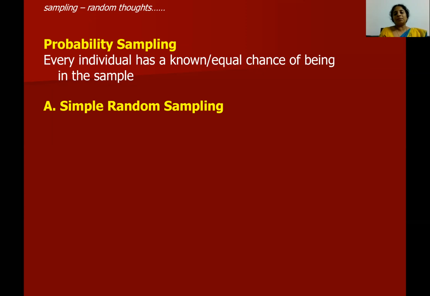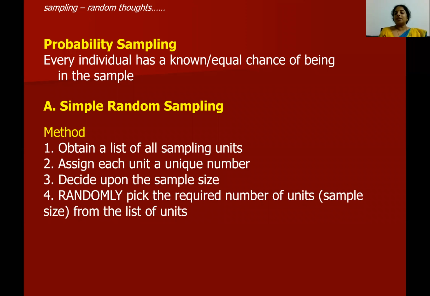So in simple random sampling, what we do is you obtain a list of all sampling units. Like if I want to get the mean mark of 150 students of Alleppey Medical College 2018 batch, I need to have a list of all students and their marks. Then I assign each unit a unique number.